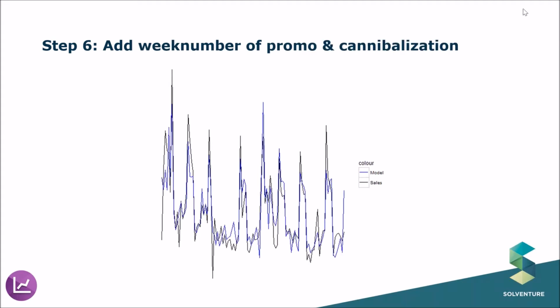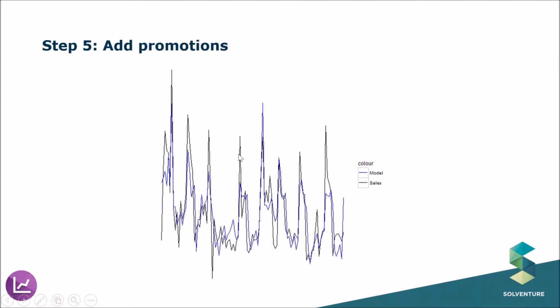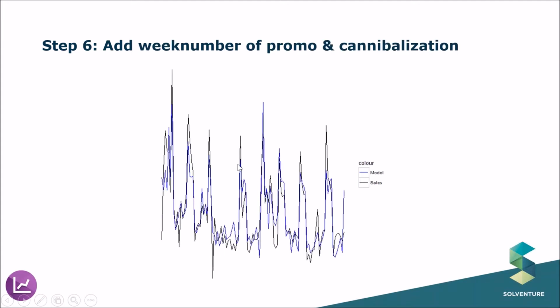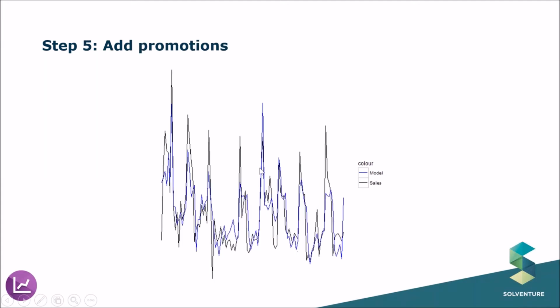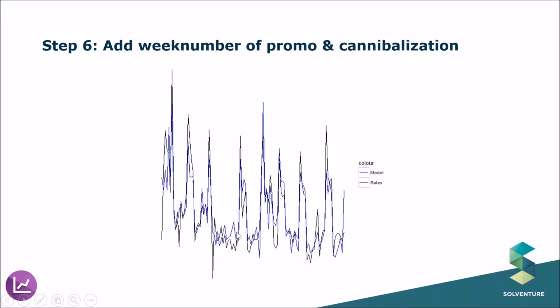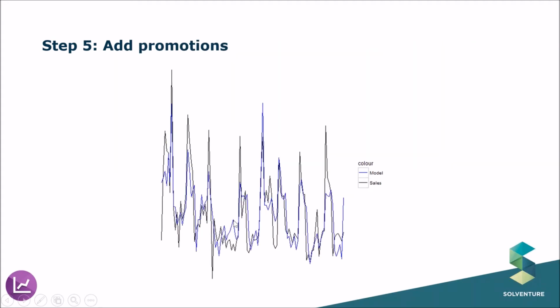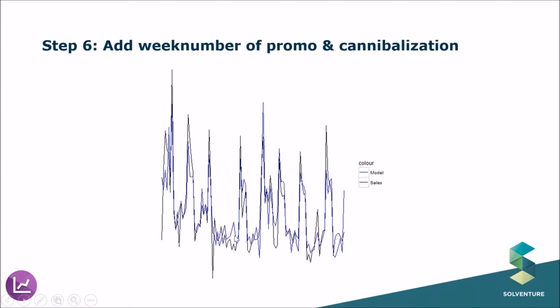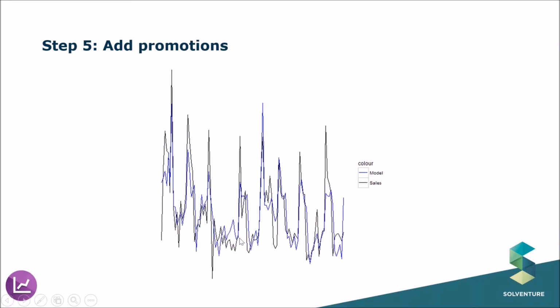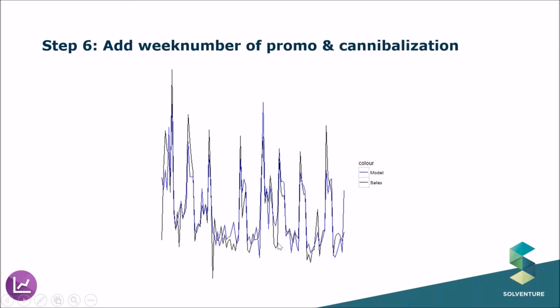So also the second peak over here, I can see that this peak is much better modeled if I account for the week of the promo. Another thing which I can see, if I look at the peak here before my promo, if I add the cannibalization before, I see that I slightly corrected downwards. So all of this really helps to step-by-step improve the modeling of your demand.